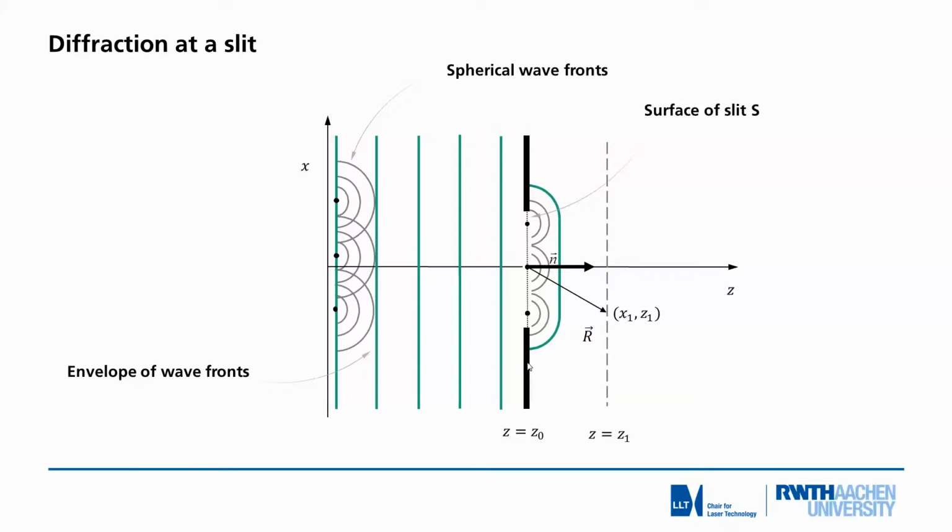And now the next step is that at a certain point, given distance z from the slit, somewhere in the volume of consideration, we now can add up the intensities coming from each of these individual spherical waves from the slit.